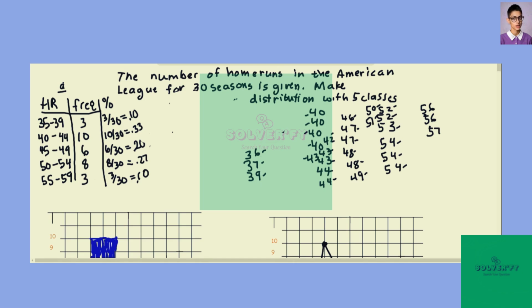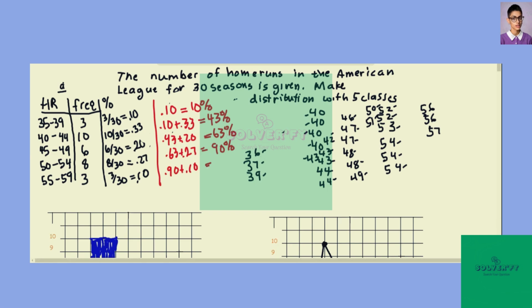So the first one you're going to put 10%, and the next one 10 plus 33, so 43%. 43 plus 20, 63%. 63 plus 27, 90%. And 90 plus 10%, 100%.